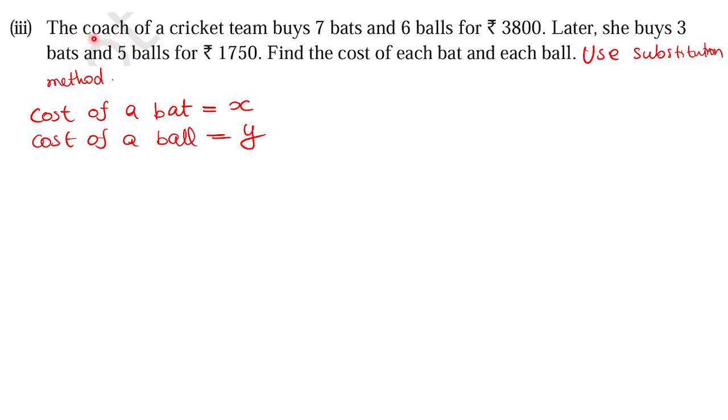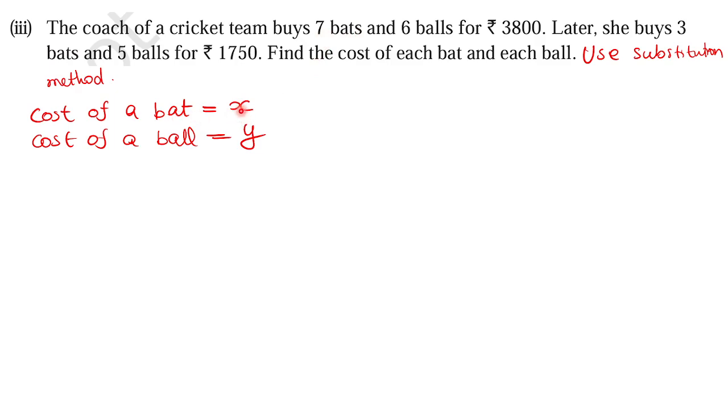Now read the first sentence. A cricket team buys 7 bats. So what is the price of 7 bats? A single bat price is X rupees, so 7 bat price will be 7X rupees. Simple logic.